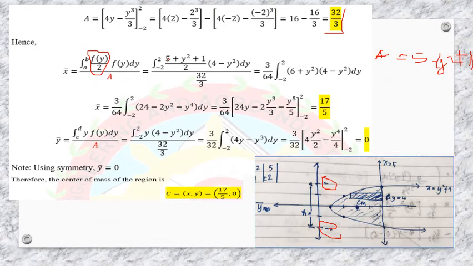Always plus. Then we set it up over our area, so f of y all over 32 over 3.